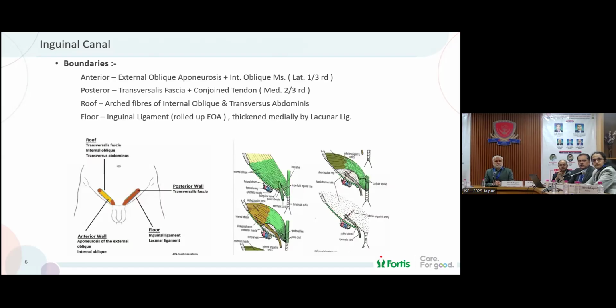The anterior boundaries are the external oblique aponeurosis plus the internal oblique muscle on the lateral one-third aspect. Posteriorly, it is mainly formed by the transversalis fascia and the conjoint tendon, formed by the transverse abdominis and internal oblique, at the medial end. The roof is formed by the arched fibers of internal oblique and transverse abdominis. The floor is formed by the inguinal ligament, that is a rolled up external oblique aponeurosis.